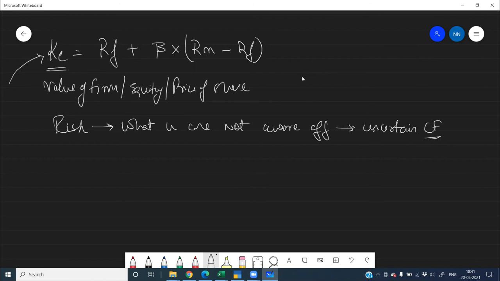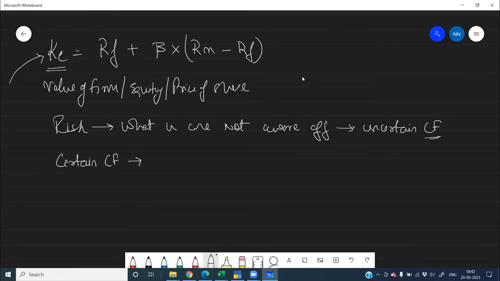When you are certain, अगर आपको पता है कि आपको certain cash flows ही है, तो आप इसको किससे डिस्काउंट करोगे? If you have uncertain cash flows, you have some risk involved, then you discount with cost of equity. If you know the certain cash flow, you are 100% confident that this money I will get. So when are you 100% confident that this money you are going to get?